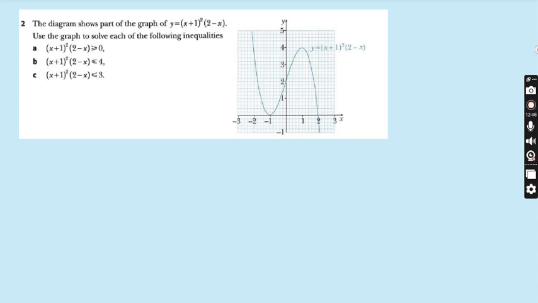What is question number 2? The diagram shows the part of the graph of y equals (x plus 1) squared times (2 minus x). Use the graph to solve each of the following inequalities.